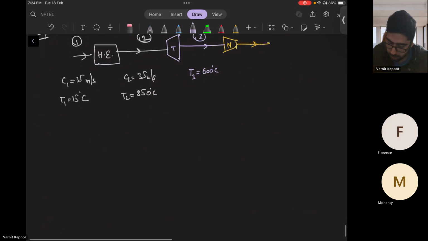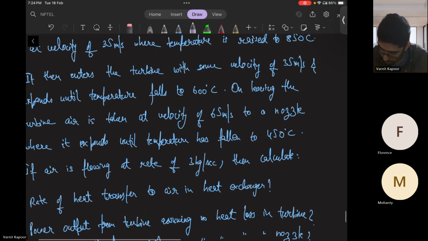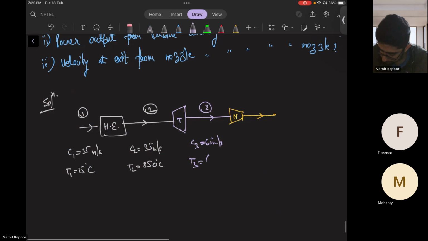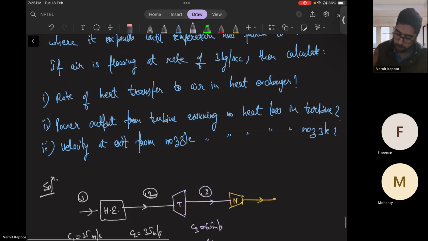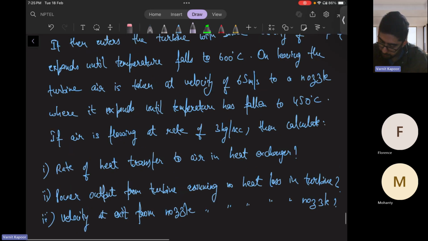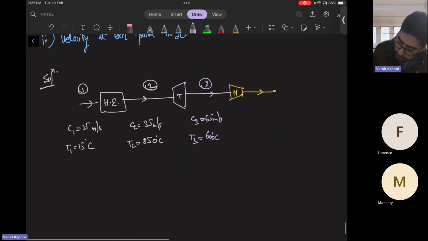So C3 is 65 meters per second and T3 is 600 degrees Celsius. Then it goes to a nozzle where it expands until the temperature has fallen to 450 degrees Celsius.